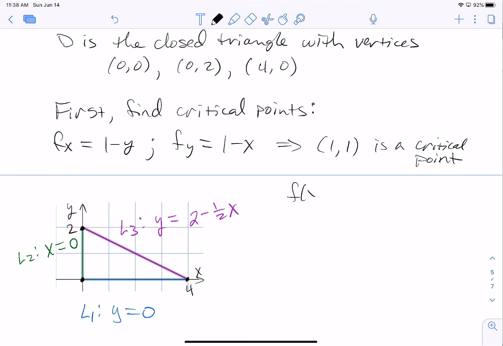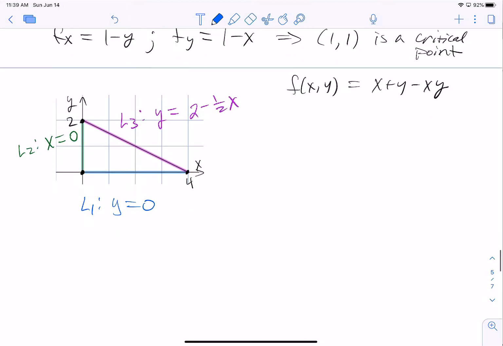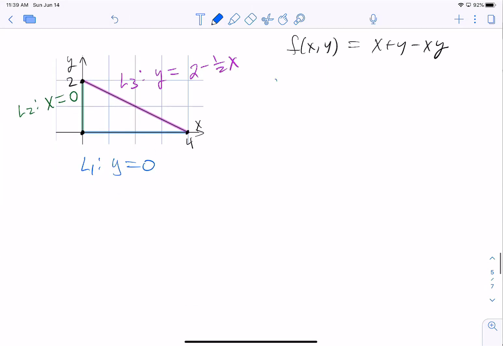For reference, I'll go ahead and put f of x, y as it was stated at the outset, x plus y minus xy. Along the curve y equals 0, we replace y by 0, and we end up with f of x, 0 equal to x.